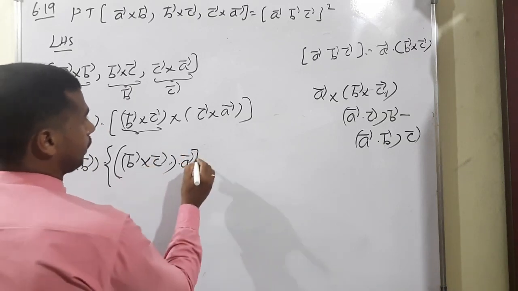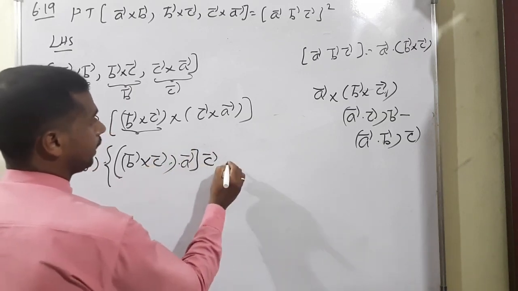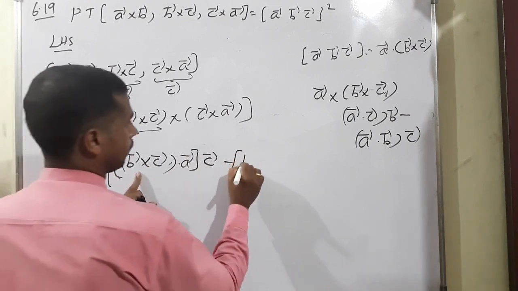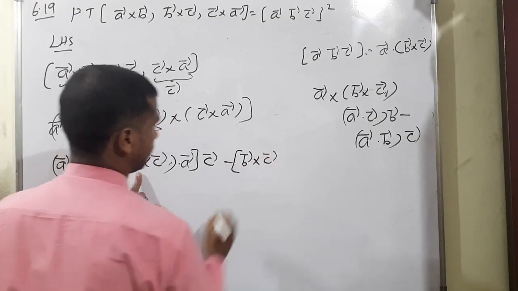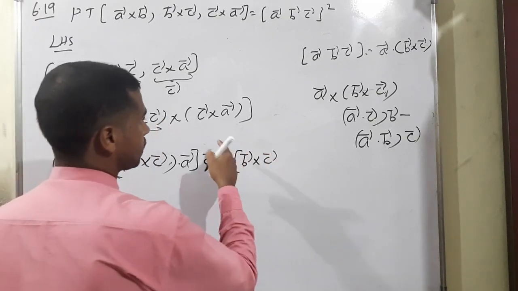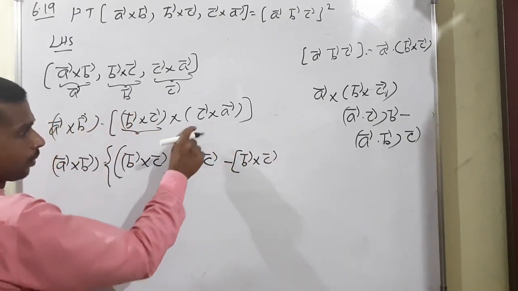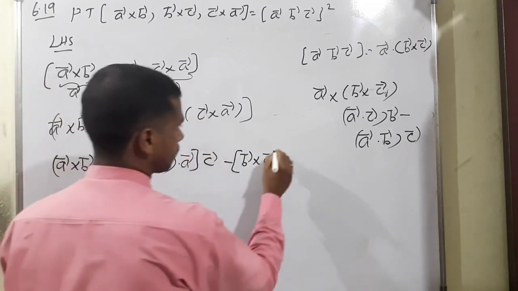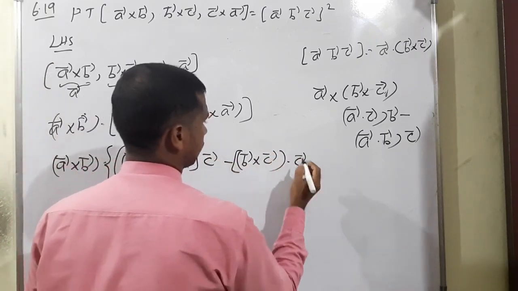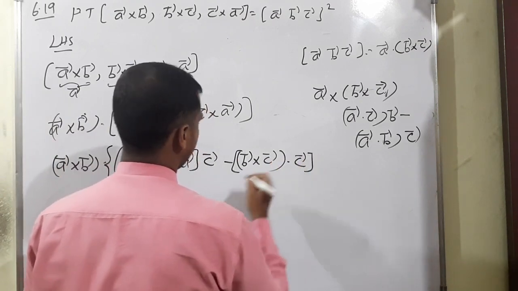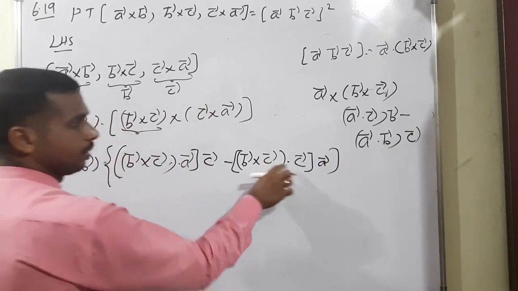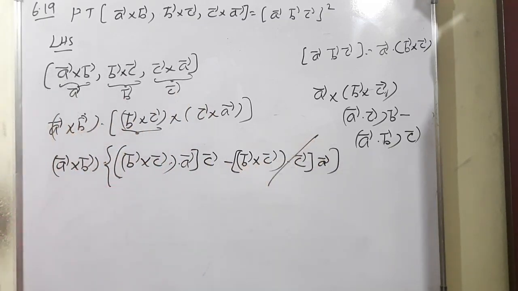Outside definitely C vector will come. The next condition, minus of again B vector cross C vector, then inside first time we have to skip only C vector. Now we have to skip A vector, means dot C vector. So definitely outside what term will come? Skip of the term A vector. Now this is C vector like term, now we can cancel it.